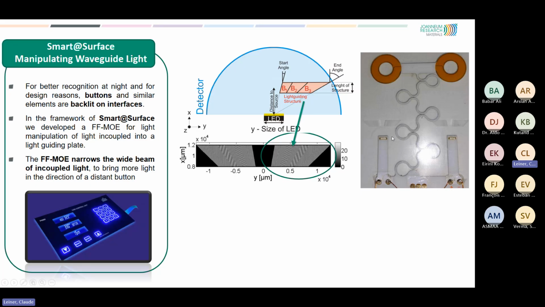What we developed here is that we have LEDs which are illuminating inside the waveguide. And what we did is we changed the direction of the light incoupled here by a surface structure. So the light is incoupled and bounces back on top. And now it hits the structure and changes its direction towards this outer point.